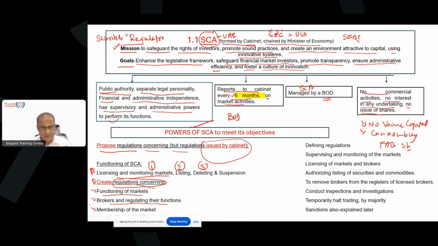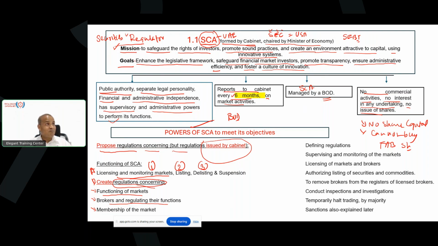It means what? The SCA is proposing regulations. Regulations for whom? For the market functioning, how the market should function. Then broker regulations, and how the membership is controlled. Brokers are called members of the market. Your listed companies are also called members of the market.